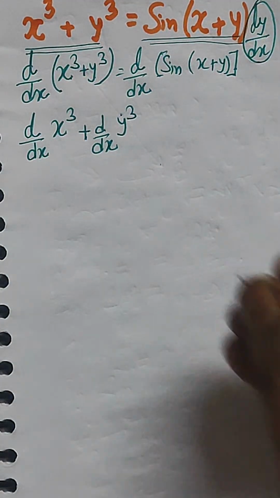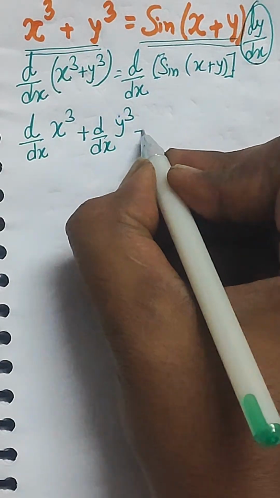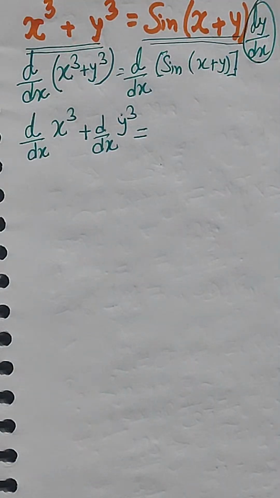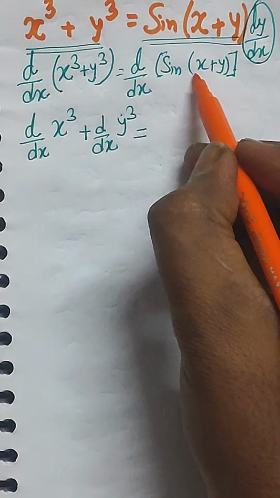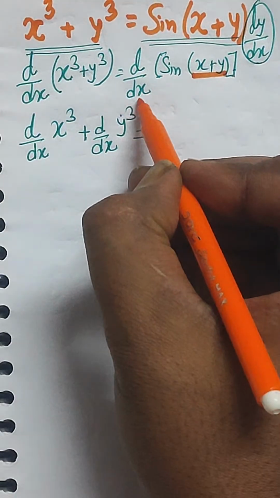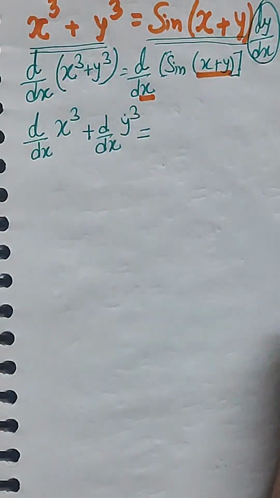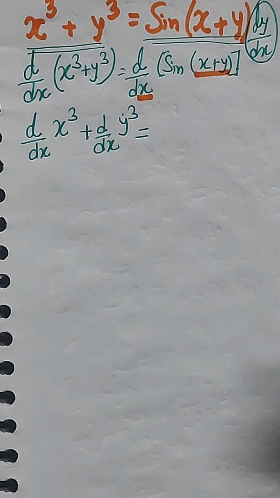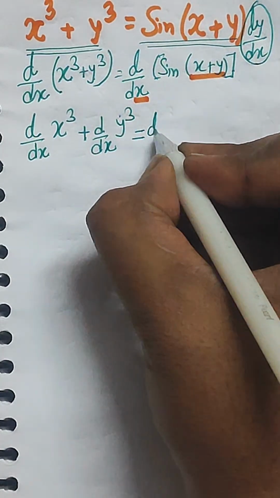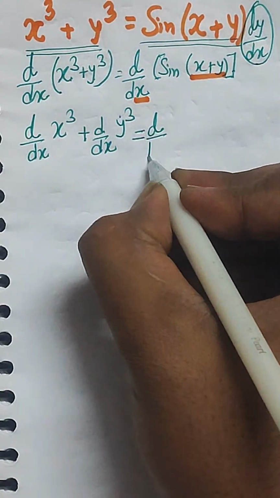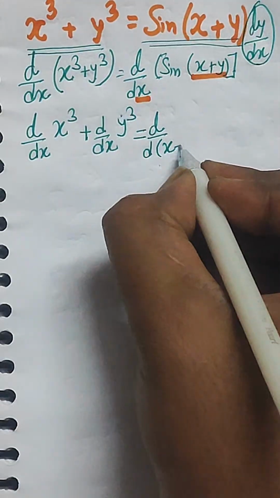And on the RHS we have d by dx of sine of x plus y, but since sine of x plus y is given and we are differentiating with respect to x, that will not work directly. So instead of dx, we write d of x plus y in the denominator.